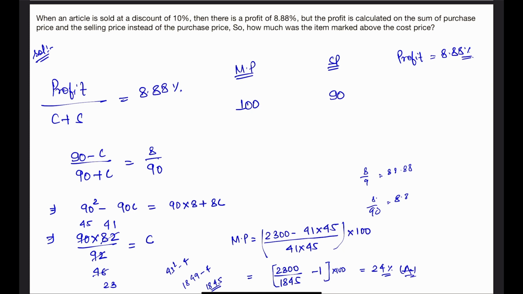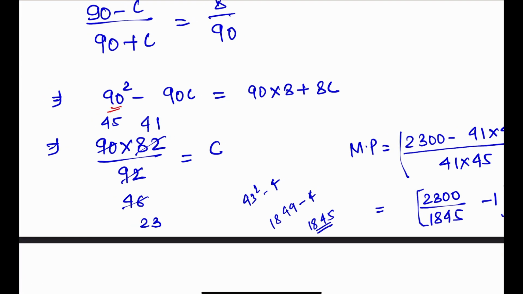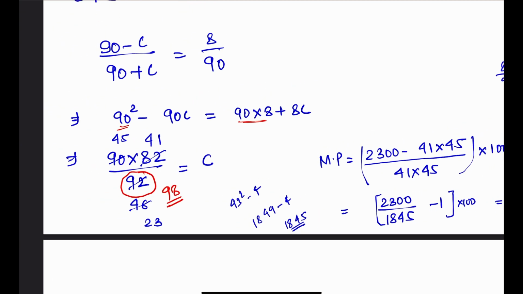So again, as expected, I made a mistake. And where did I commit the mistake? So 90 square minus this one, so 1922 is correct, but one is going this side. Here it should be 98, that is the mistake.